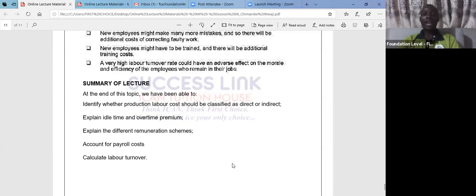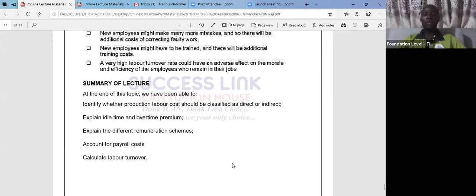We saw the accounting for payroll costs, how you account for your labor, how it is debited and credited, all those other creditors where you take the liabilities from the employee and keep them on the credit side. When you pay them off, they enter the debit side of the account.